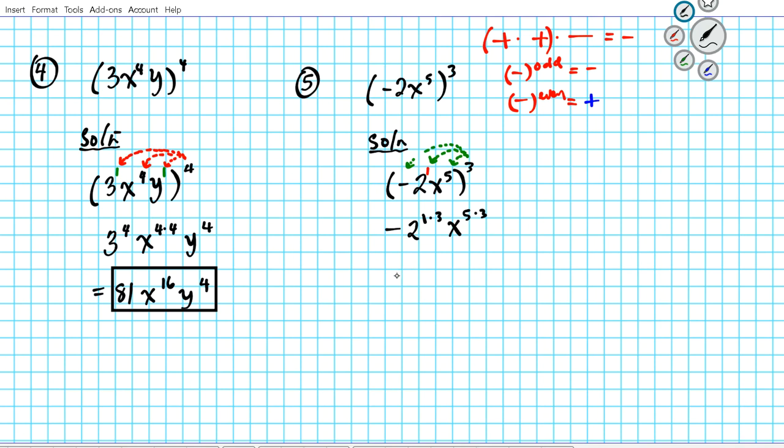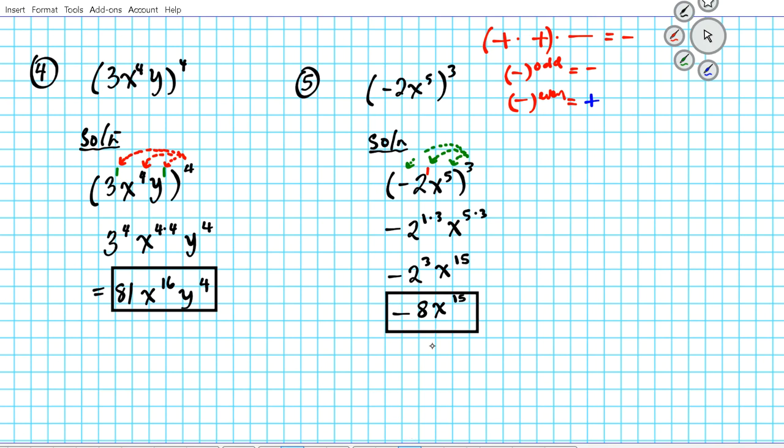Okay, when you simplify that, you have -2 to the 3rd times x to the 15. And then when you simplify that, what is 2 raised to the 3rd power? 2 raised to the 3rd power is 8. -8x raised to the 15th power is the answer to question number 5.